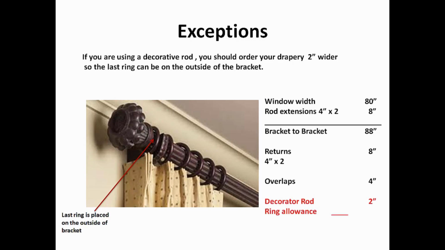And in addition to that, now we're going to add an extra inch to account for the ring going on the outside of each bracket when using a decorator rod, what we call a ring allowance. Under that scenario, you'd have a total finished width of 102, where earlier it was only 100. All we did was add an additional 2 inches to allow for the ring to be on the outside of the bracket.